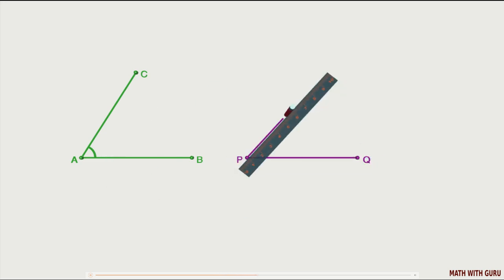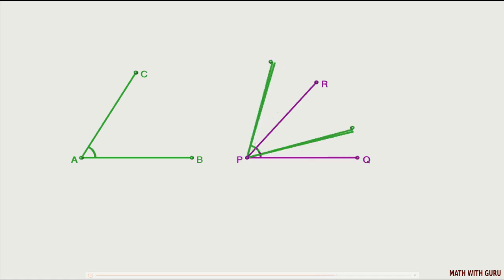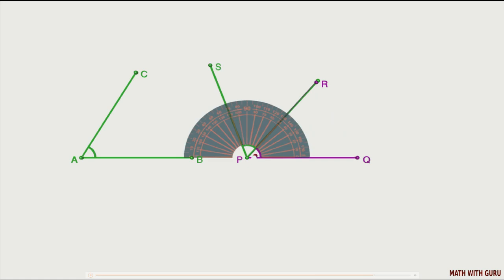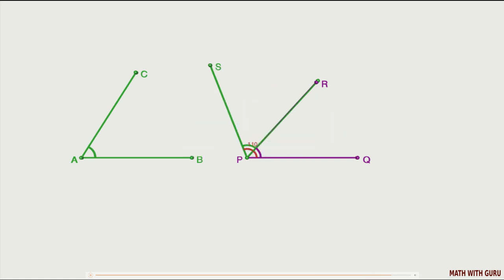As before, I am going to shift and rotate angle BAC on angle QPR such that AB coincides with PR. Measure angle SPQ. No, it's not a right angle. It's not equal to 90 degrees. These angles are not complementary angles.